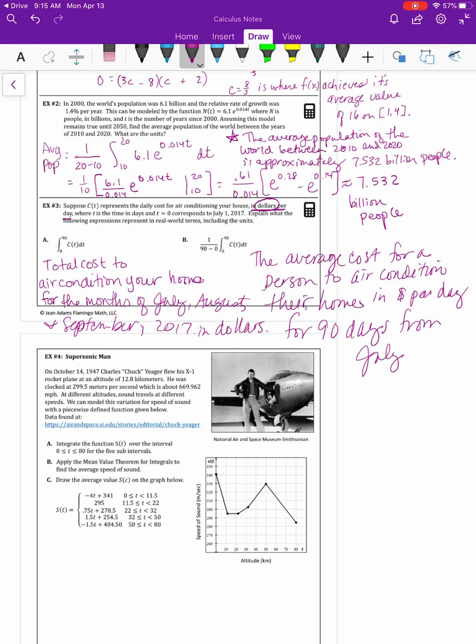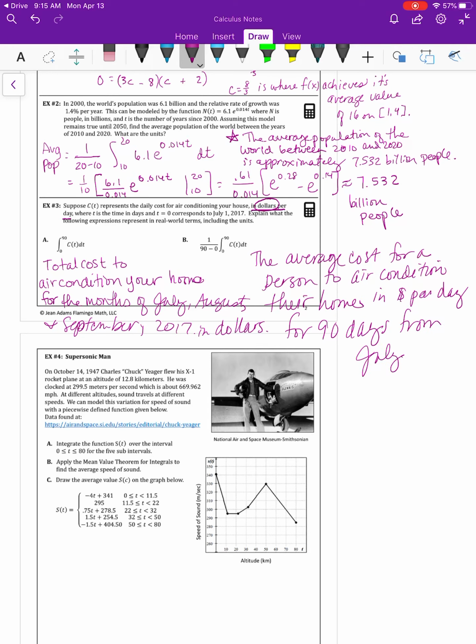And you could just put that number in. But when I get done and I add those up and divide by 80, I get 308.